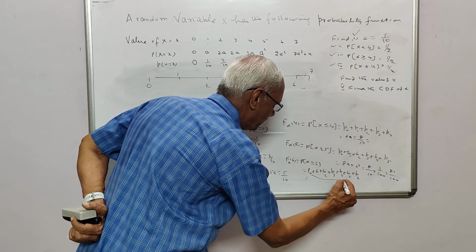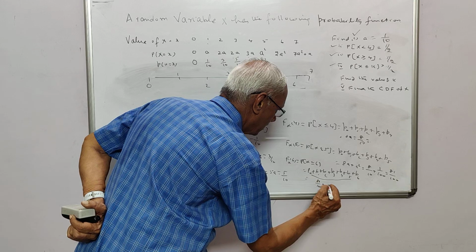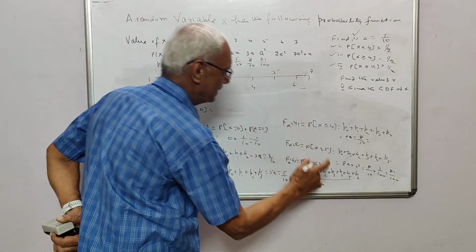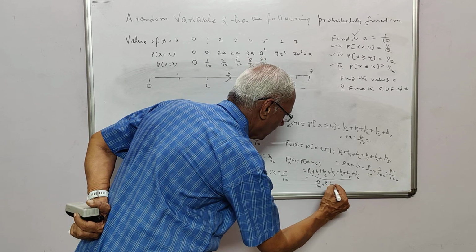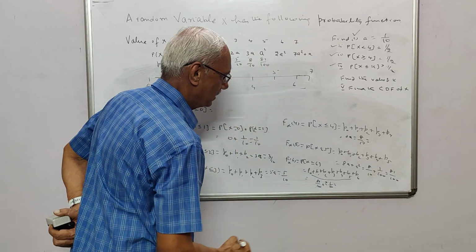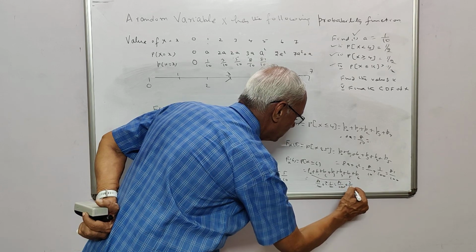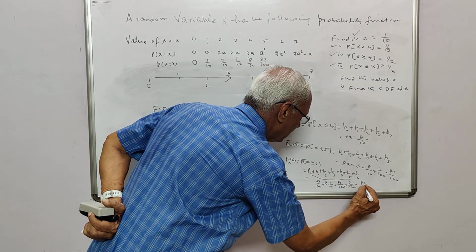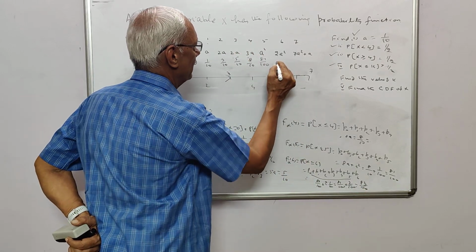So up to this we have found 81 by 100, plus add this, 2 into 1 by 100. So this is 81 by 100 plus 2 by 100, that is 83 by 100. So this is 83 by 100.